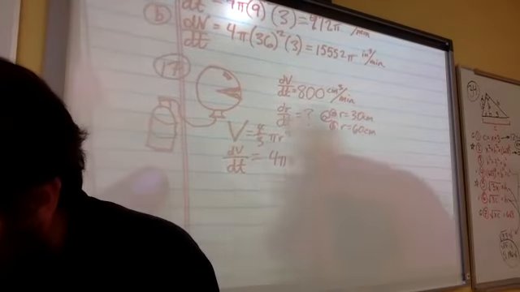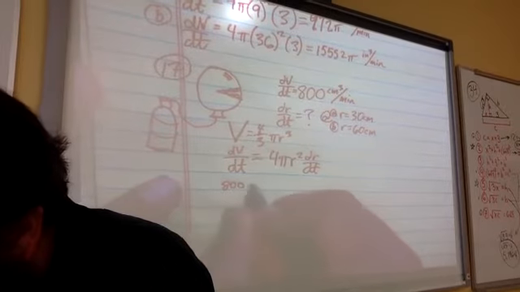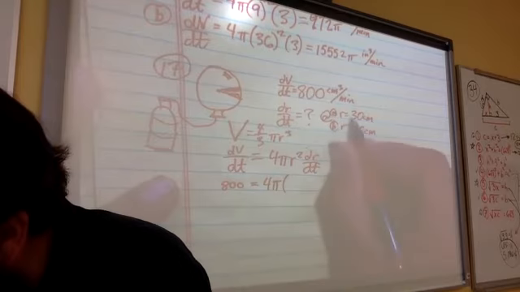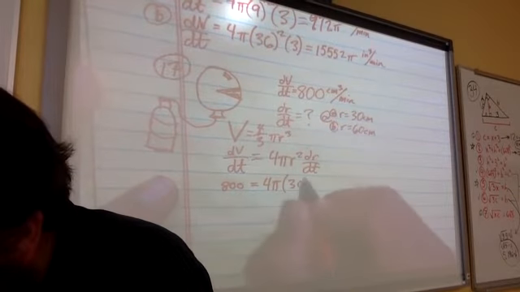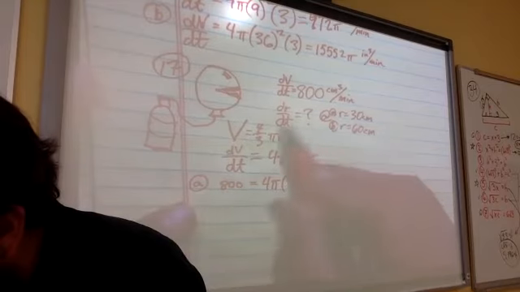Now it'll be plug and chug here. So 800 equals 4 pi r squared, where r is 30 for part A, times dr/dt, which we don't know.